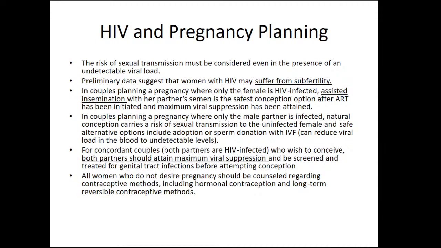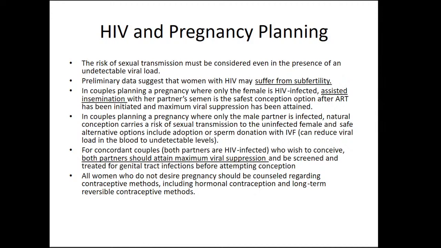So we need to discuss with patients contraceptive methods, which may also provide some protection against HIV. Anyway, preliminary data suggest that women with HIV may suffer from subfertility. We don't know exactly why, but observational studies show us this.